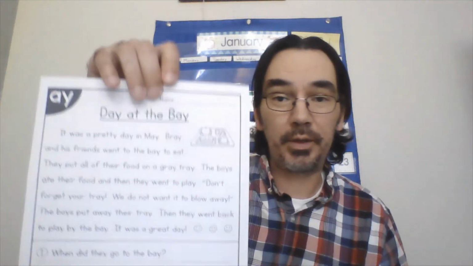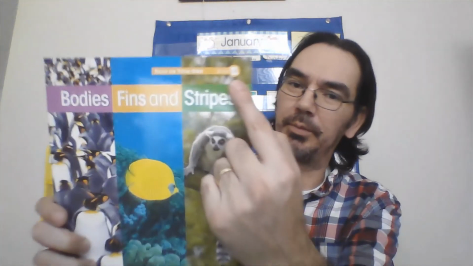Okay. We have our second page in our spelling word packet that we read. Also, we are going to be looking for our words with Y. And you know what? We might find some. Bodies, fins, and stripes. This is book number 18.